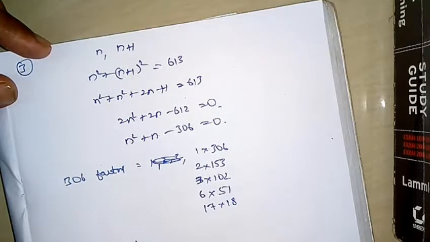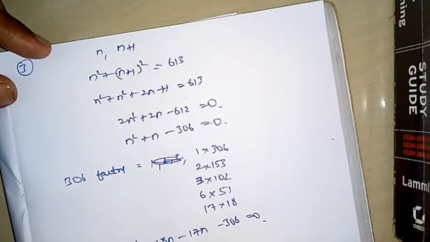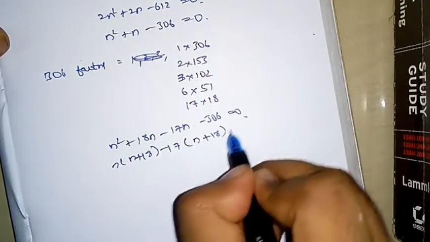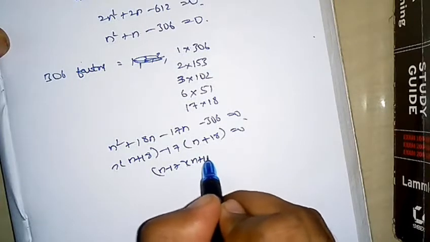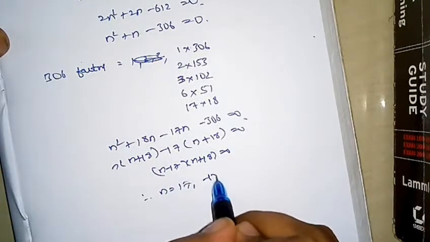Therefore n square plus 18n minus 17n minus 306 equal to 0. n into n plus 18 minus 17 into n plus 18 is equal to 0. So n minus 17 into n plus 18 is equal to 0. Therefore n is equal to 17, minus 18. 17 is the required number.